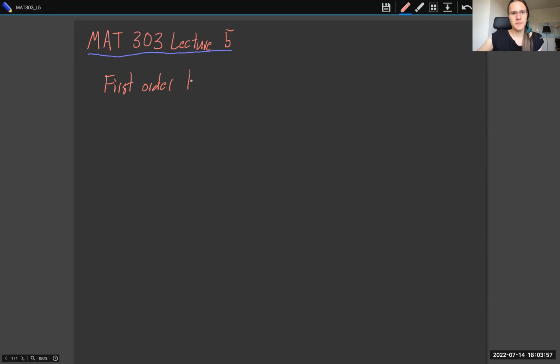For first order linear ODEs, recall, for the equation y prime plus f of x y is equal to g of x, we had 2 methods for solving this. The second one was the method of undetermined coefficients.